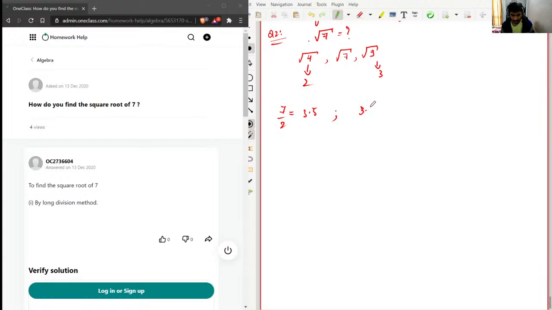So I'll write 3.5 plus 2 over 2. This will become 2.75.